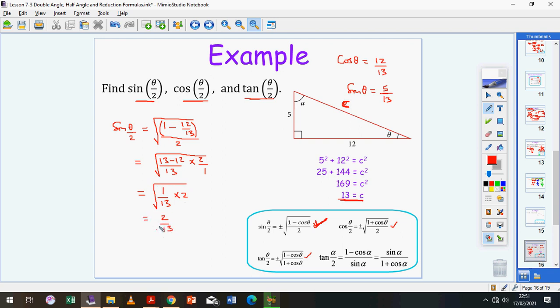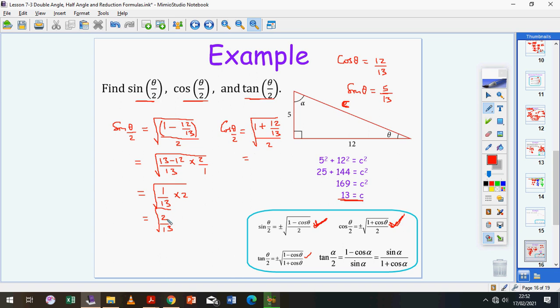The one for cosine, I'm going to use this formula here. Cosine of theta over 2 is going to be equal to the square root of 1 plus cosine of theta, where cosine of theta is 12 divided by 13, all divided by 2. Now I'm not going to fuss about what quadrant this angle is, because the question said nothing about it. I know you know there is a plus or minus, and the plus or minus is necessary when you're figuring out what the quadrant is.